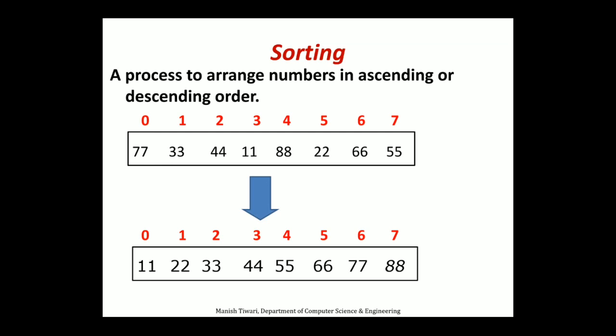So the above array is an unsorted array and the array below is a sorted array. Students, there are many techniques to sort a given unsorted array, like bubble sort, selection sort, insertion sort, quick sort, etc. In this video we will discuss bubble sort.